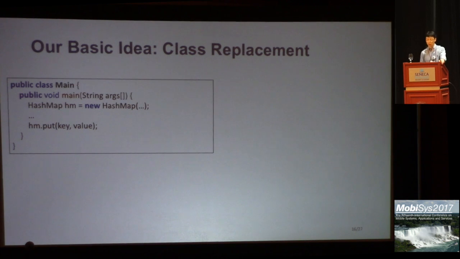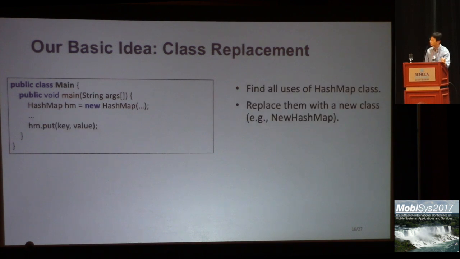Here is the same code we used previously. With method replacement, you just replace this code. This is because there is only one place where hashmap.put is called. With our class replacement, we find all usage of class hashmap in the app code and replace them with a new class.